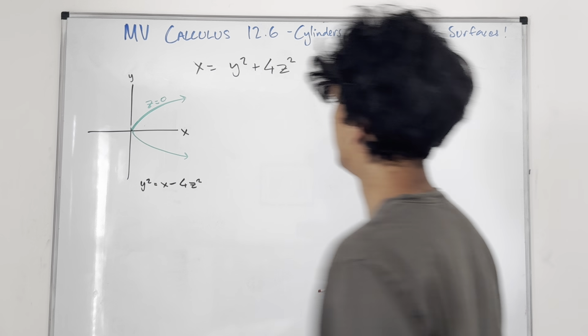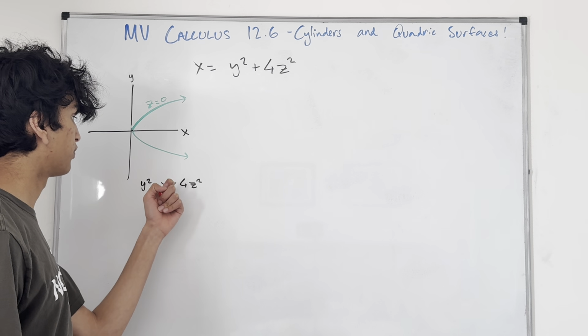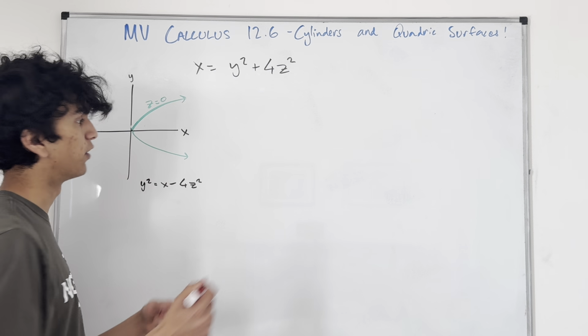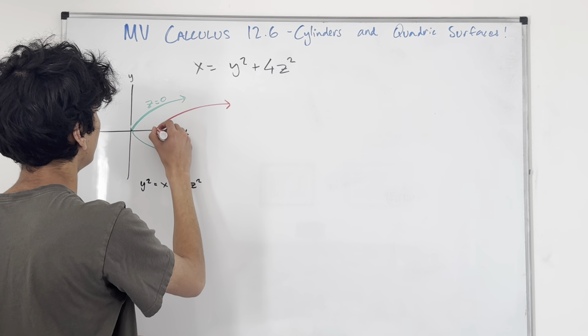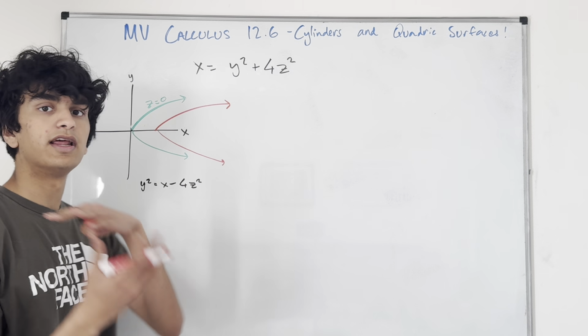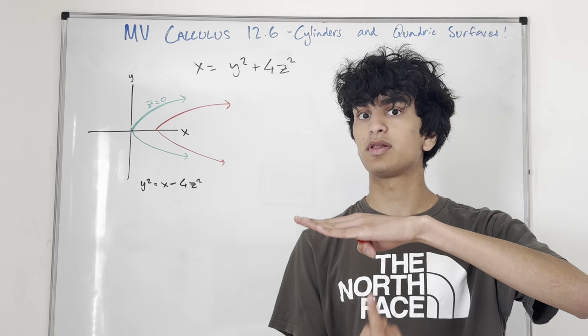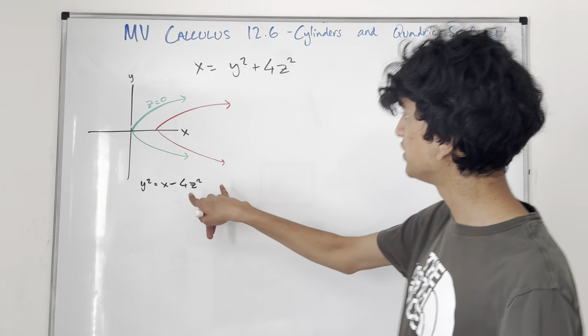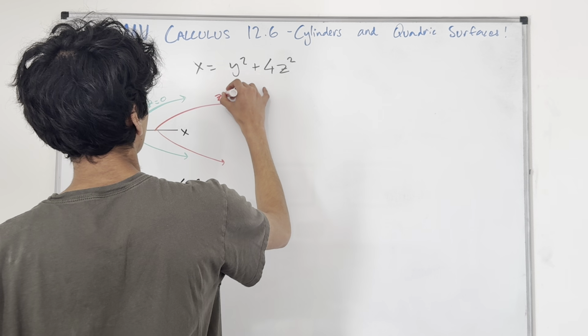If we increase it to 1, we get y squared equals x minus 4. So this would be like right here. It would still be an opening parabola, but now we have this shift. Because z, in the xy plane, acts like a constant. For every point on the xy plane, z is the same. So we can treat z like a constant.